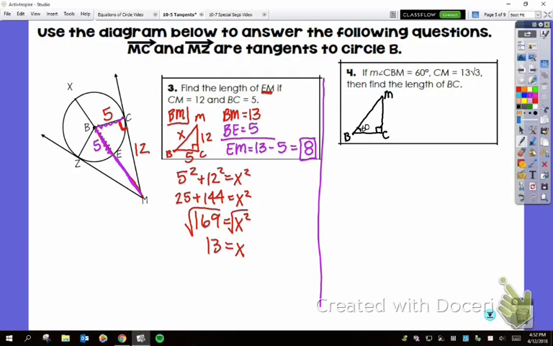We know that angle C was 90, which automatically tells us that this angle up here has to be 30. Now we also know, they told us right here, that CM is 13 square roots of 3. So we're going to put 13 square roots of 3 right there. Now, we had to think back on 30, 60, 90 triangles.